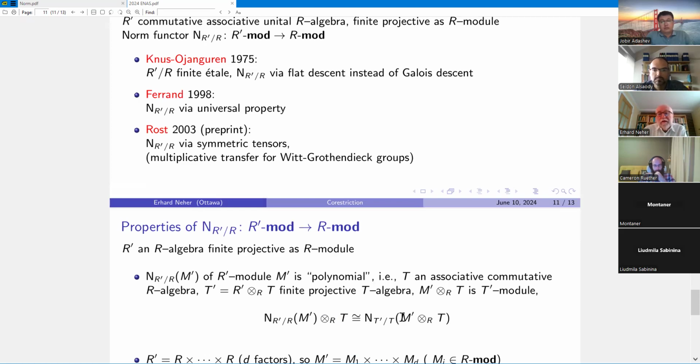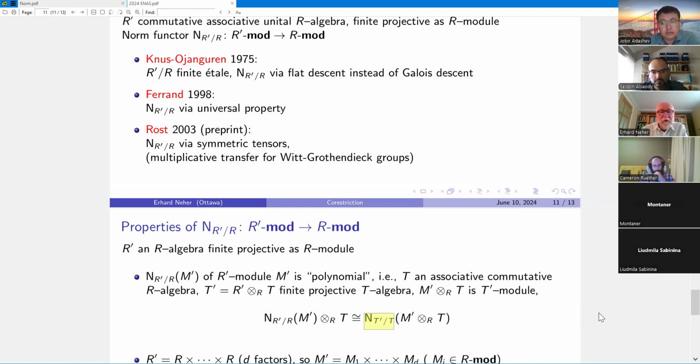On the right-hand side, I can look at M prime tensor over R with T, and I can then take the norm of this module going from T prime to T, and these two T modules are canonically isomorphic. So polynomial now means that there exist these isomorphisms which preserve maps from T to T prime.